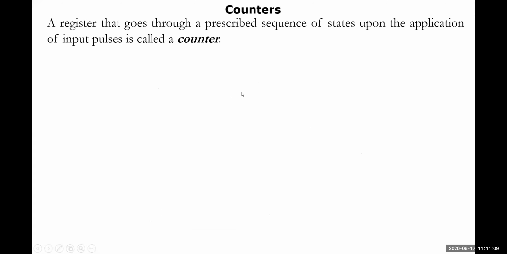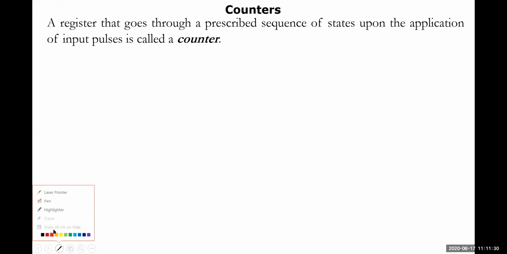Counters. Already we have seen a register. A particular register will be there with us. A register is a sequence of flip-flops which are attached in a sequence manner, and it could perform some kind of operation, right?